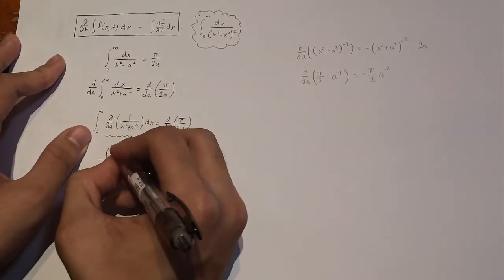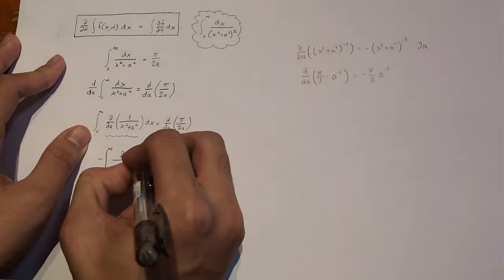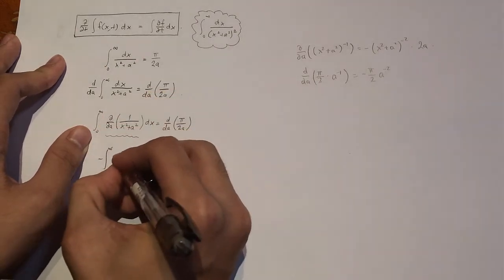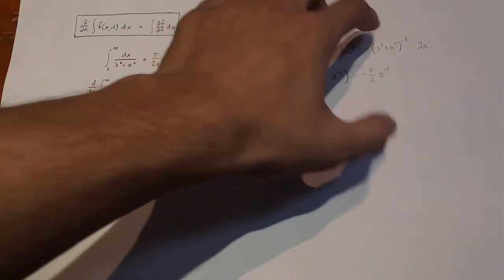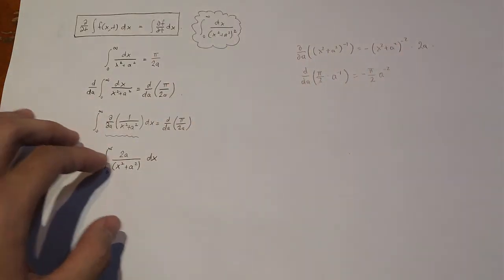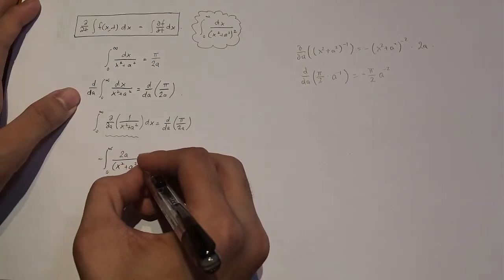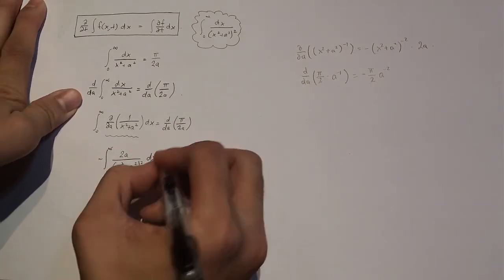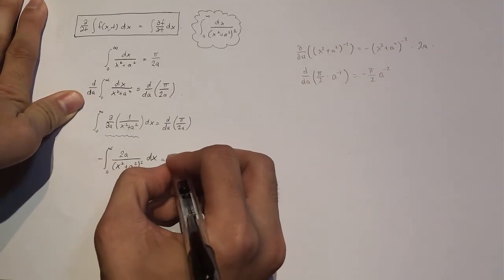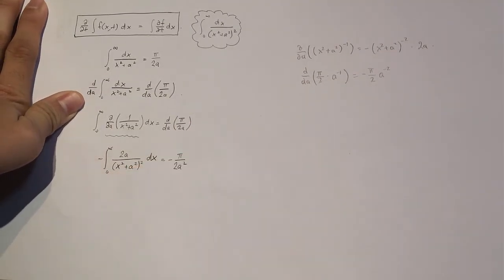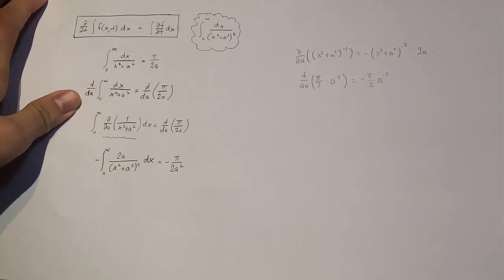So this would just be minus 2a divided by x squared plus a squared, to the power of 2, with respect to x. As you can see, this is to the power of minus 2, so I made it divided by that to the power of 2. This equals this: minus pi over 2a squared. That's just the algebraic bit to make it look a bit simpler.